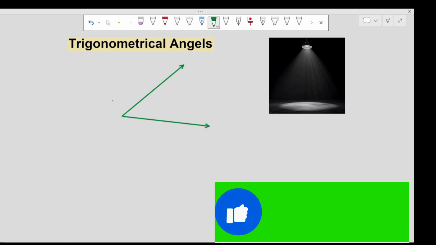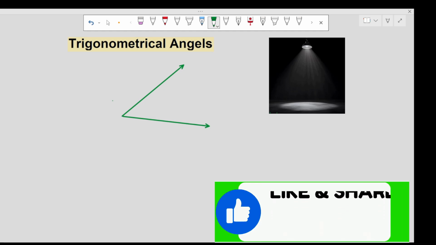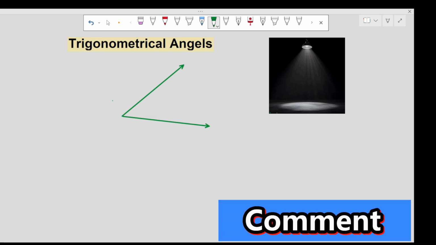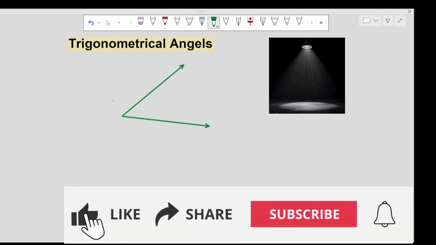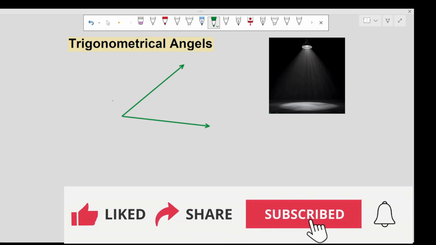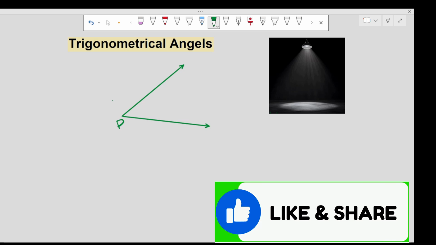So we have drawn two lines from a fixed point, this point, and the arrow sign means it can be extended infinitely. These rays come out from a point, naming this point P, which is called the vertex.